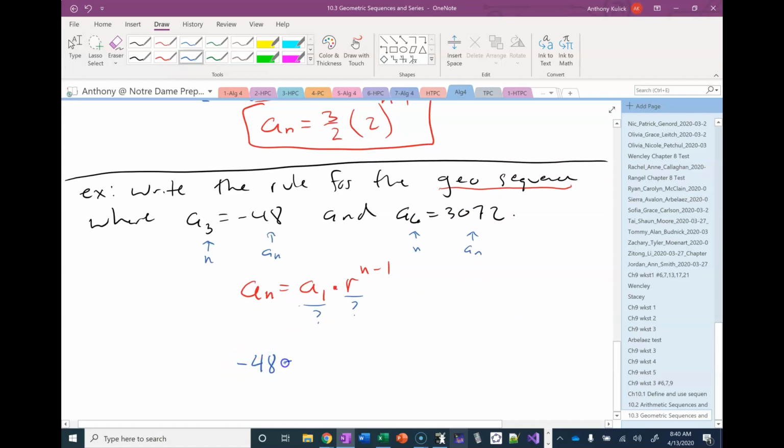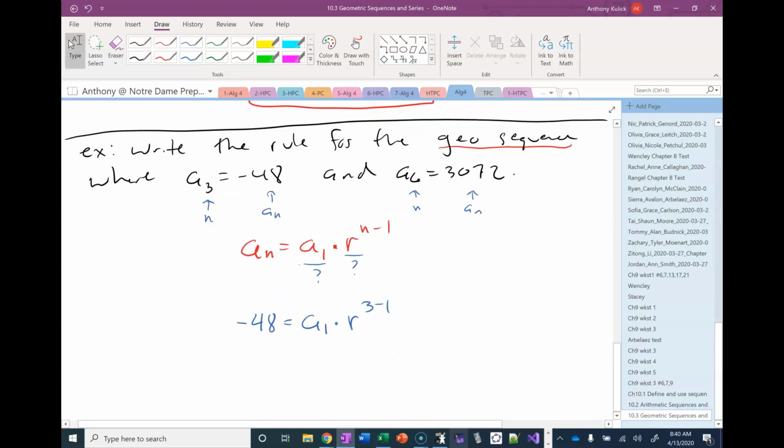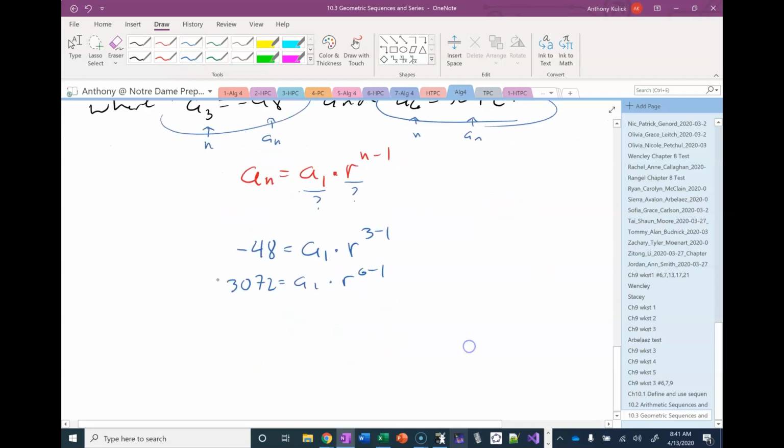So this is going to allow us to write one equation from this point, and then a separate equation from this. And that's going to form a system of two equations.